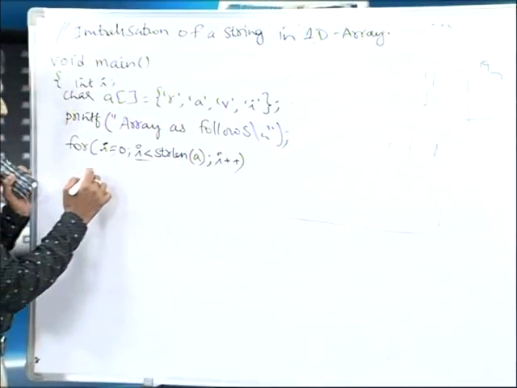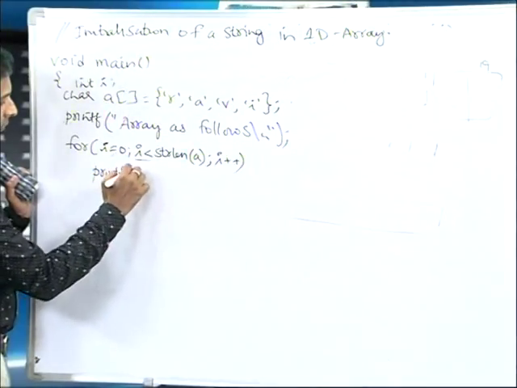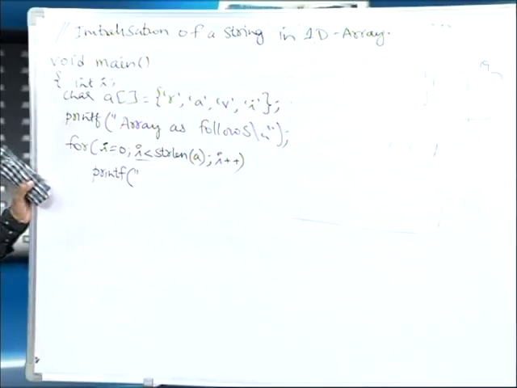Next, printf percentile. What is the format specifier to print a character?